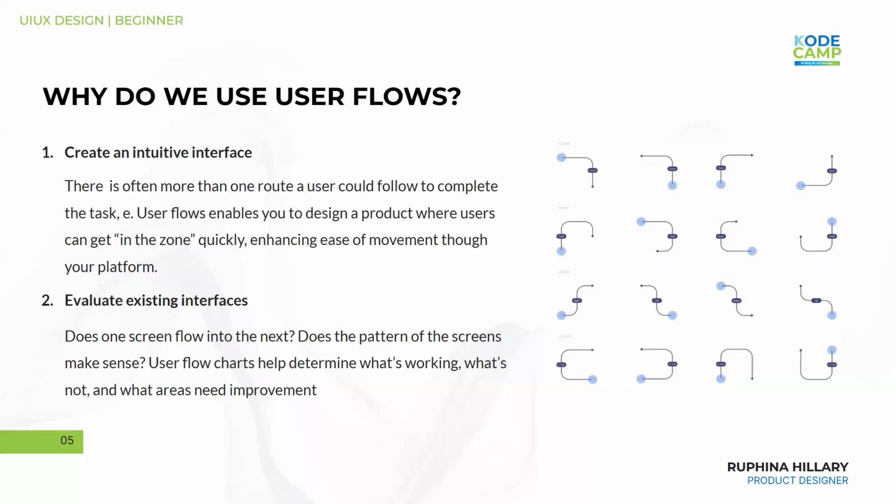When you click on your settings tab or settings icon, is what we see there something that we would have expected to see? Because when we click on something, we are already expecting to see something there. So is it intuitive? Does one screen flow into the next? Does the pattern make sense? So it helps us determine what's working and what's not working.